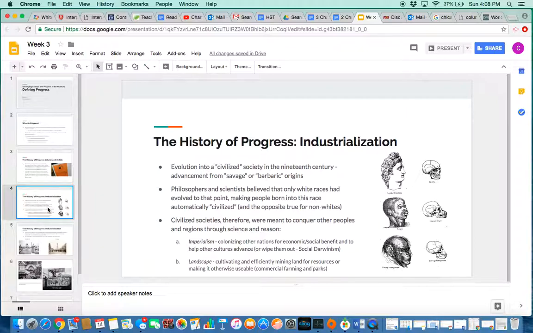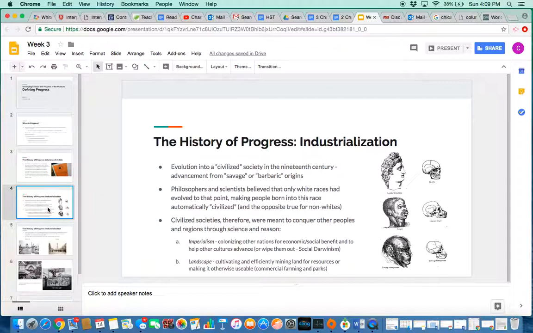So we're concerned with, when we're talking about science and technology and how these things become intertwined in imperialism, how ideas are also imposed literally on the landscape. Science and reason become seen as central tenets of being a civilized nation or group of people.